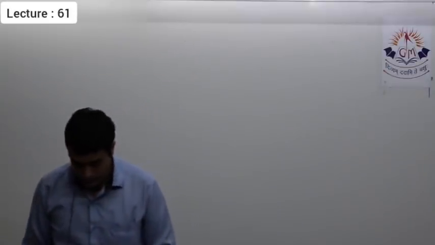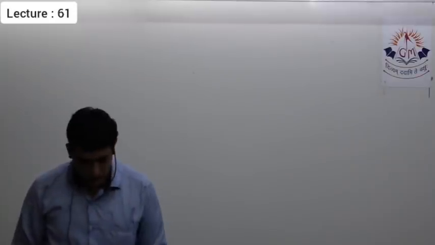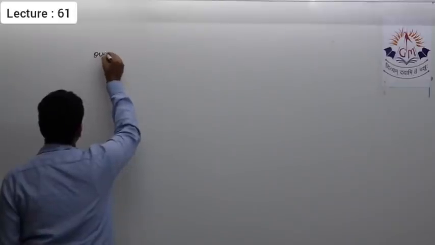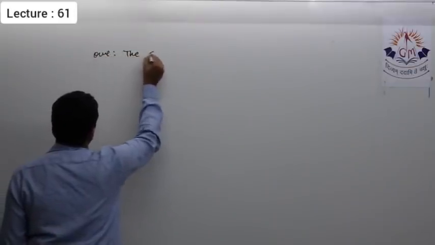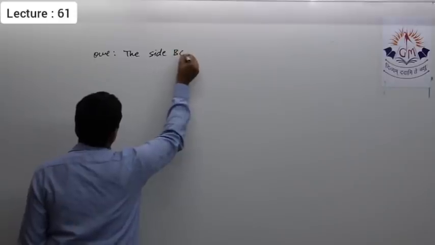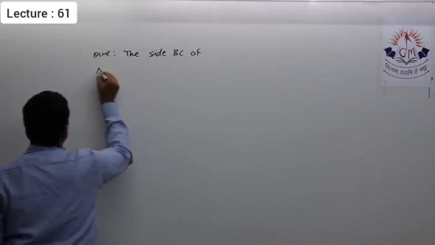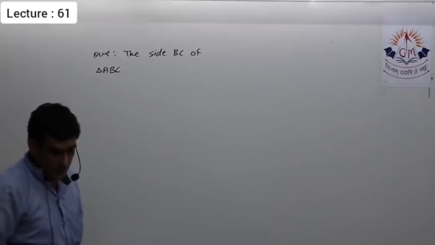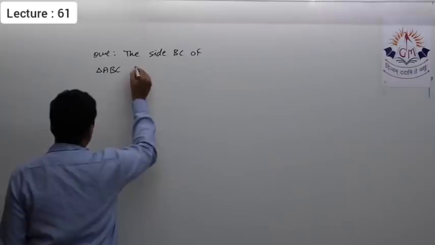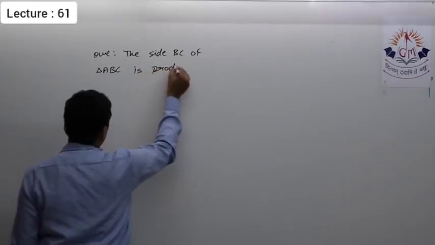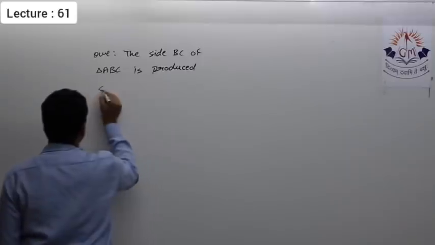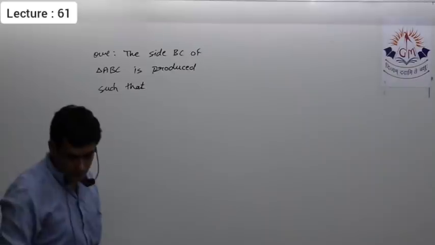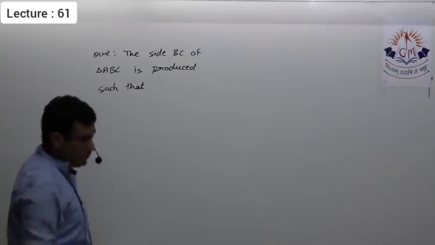Okay, next question is: the side BC of triangle ABC is produced such that D is on ray BC.